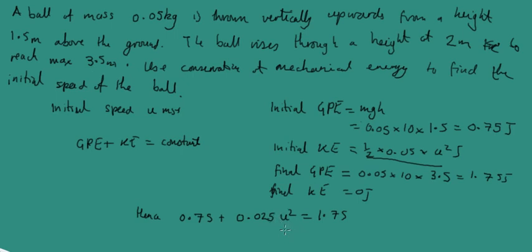And so 0.5 u squared is going to be 1. So u is going to be 6.32 meters per second. So I hope that makes sense.